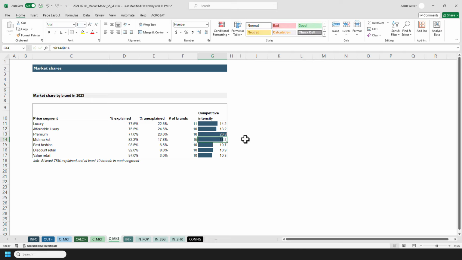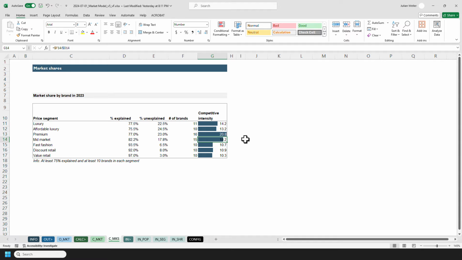brands in that market. So if I just scale this up, this, for example, would mean that if 15 brands explain 82.2% of the market, then I would assume that we have 18.2 brands as such in that market, which I think is not quite right.